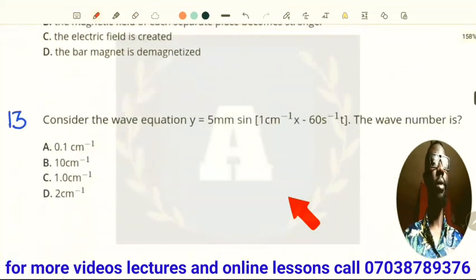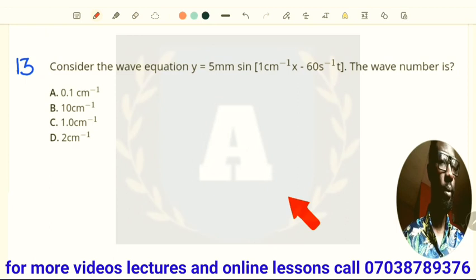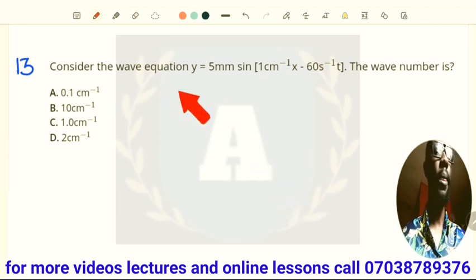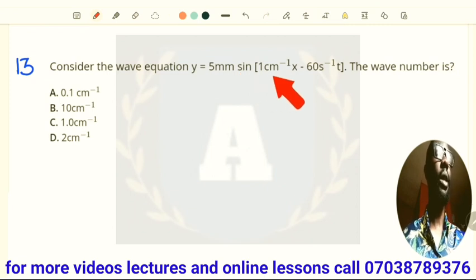Now, quick one. The next question says, consider a wave equation y equal to 5 millimeter sine (1 per centimeter x minus 60 per second t).